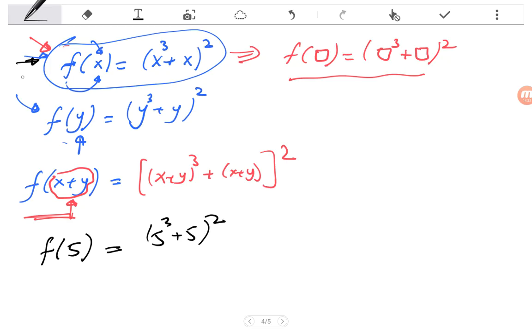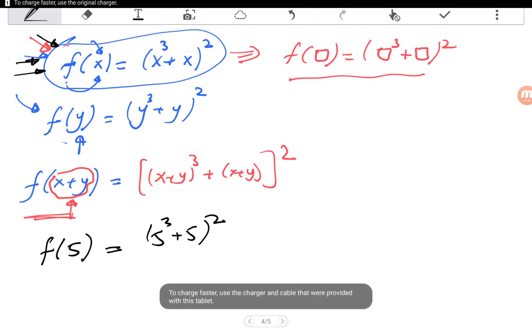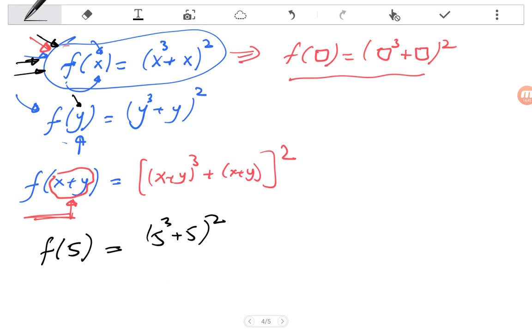Okay? So given the way that f operates on the input in that expression, to find the output of any given input, we just replace x with that input. If I want f of 5, I just replace x by 5.